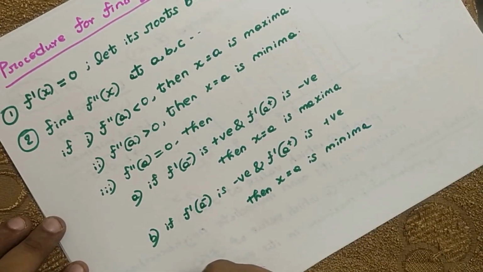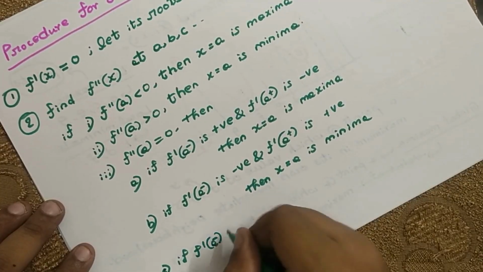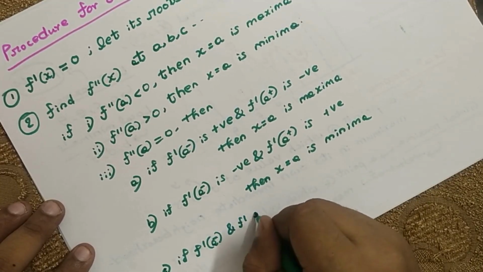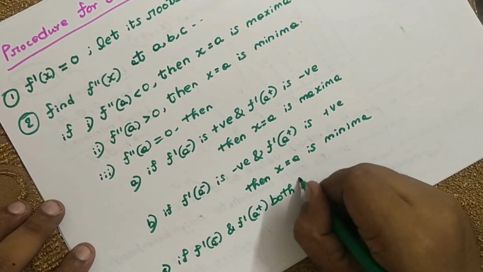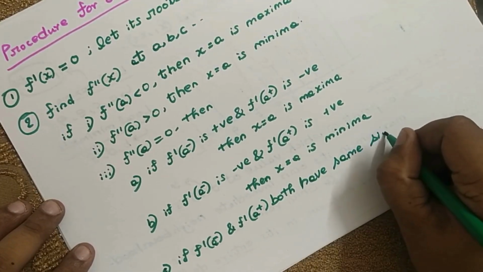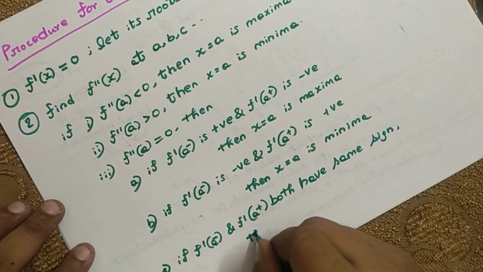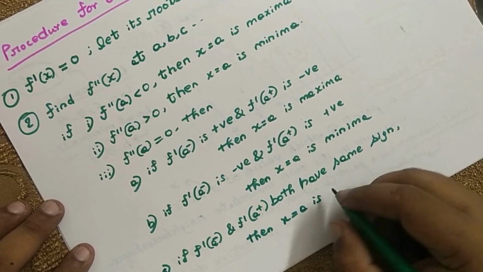If neither maxima nor minima, that is, if f dash of a minus and f dash of a plus both have the same sign, either both positive or both negative, then x is equal to a is neither maxima nor minima. It is called the point of inflection.